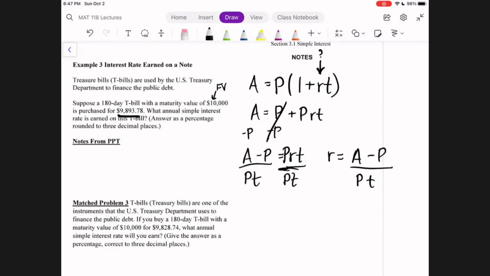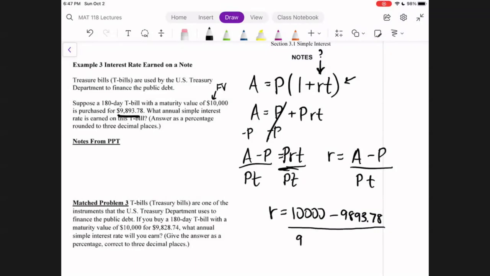As I said in the beginning of this course, there are many different ways to do these problems. One approach is just to use this formula here without trying to manipulate anything, plug in everything, and then solve for R. I think in the mini project video, I do it that way. Let's look at this other way in case you might be more comfortable with it. We have our A, which is 10,000. We have our P, which is 9,893.78.